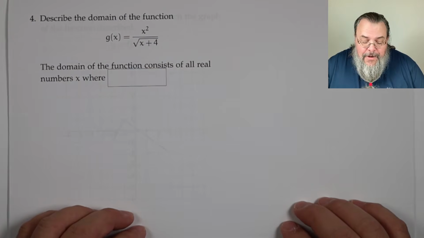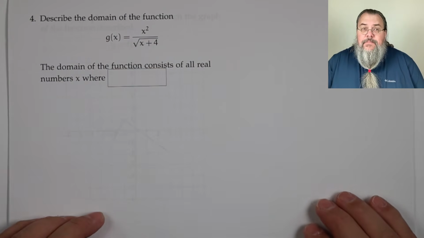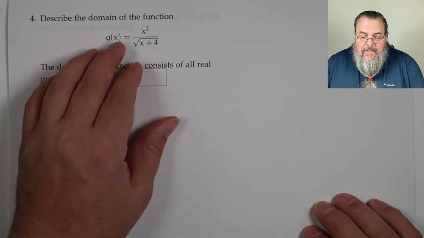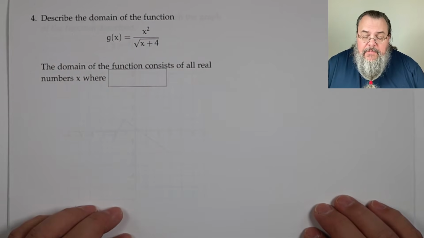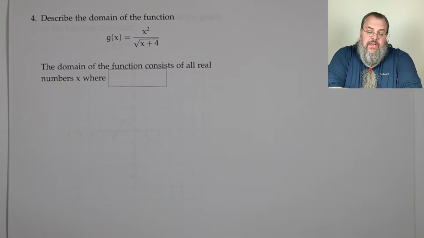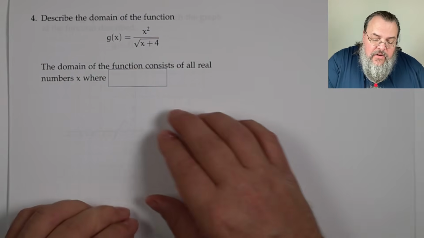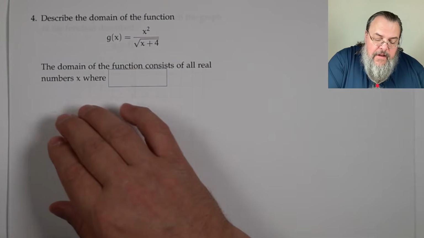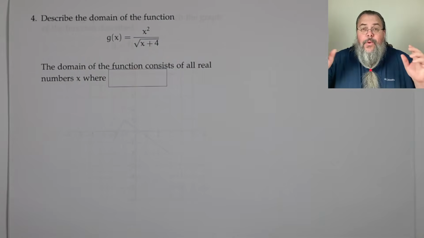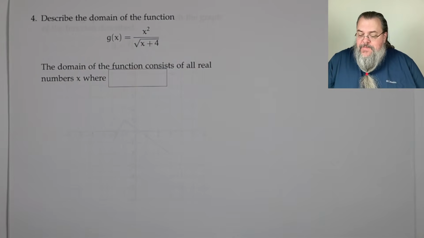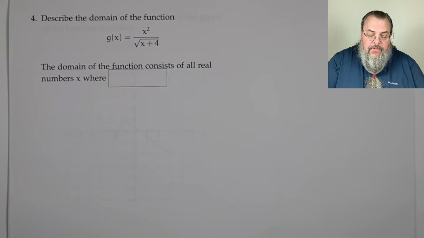Number 4. Describe the domain of the function. So we have the function g of x is x squared divided by the square root of x plus 4. And it says the domain of the function consists of all real numbers x where, all right, now, what do we need to watch out for? Well, there's basically 2 key things we're going to be looking for.